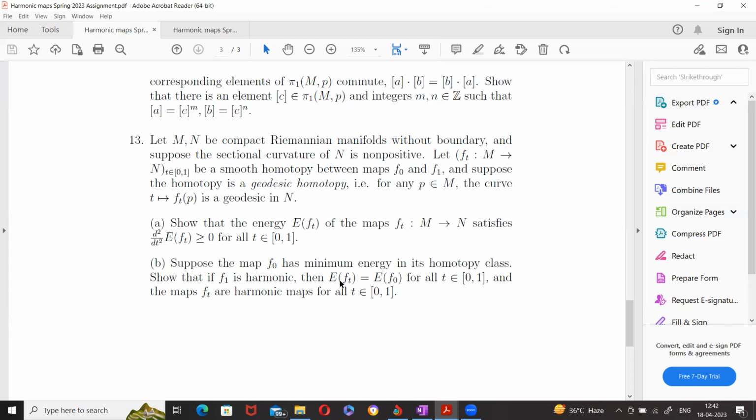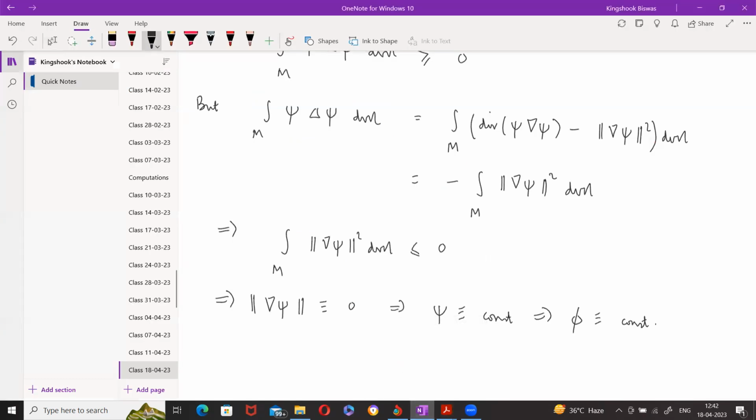So 13, you have to prove this formula. That is, if M and N, and you have u_t from M to N, suppose this is a geodesic homotopy.